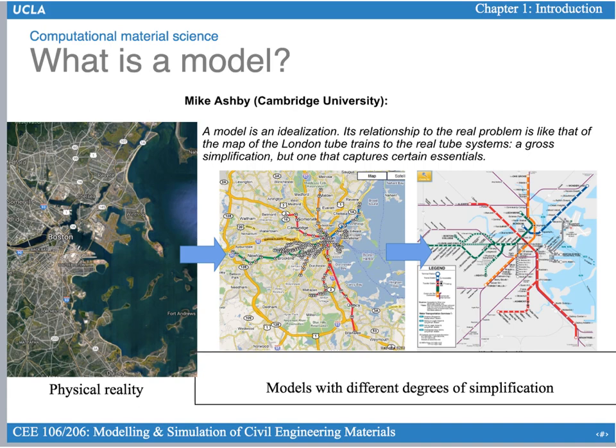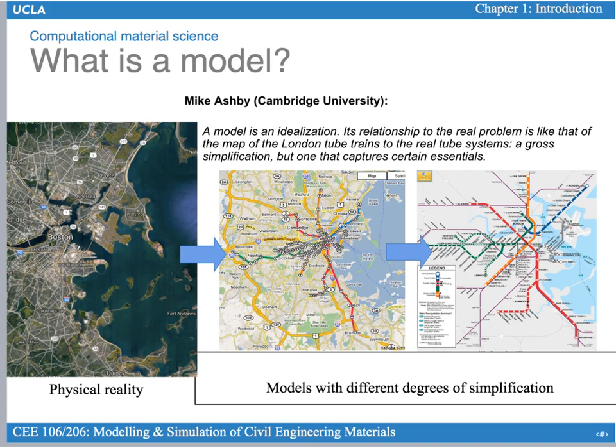So you start from a very complex system like this map of Boston, and then depending on the problem that you are trying to solve, certain features of this complex reality will be relevant and some others will be less relevant or completely irrelevant.